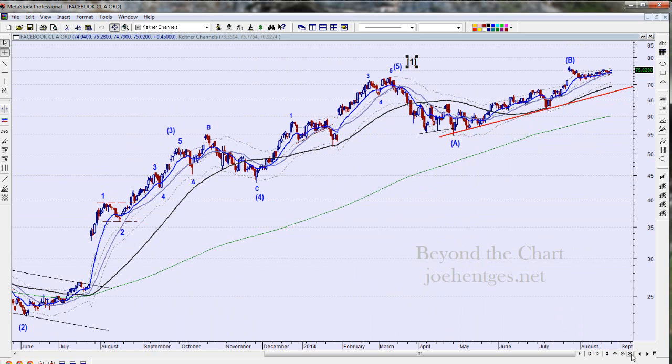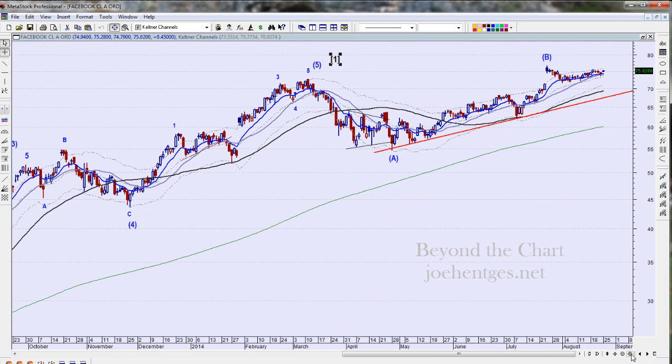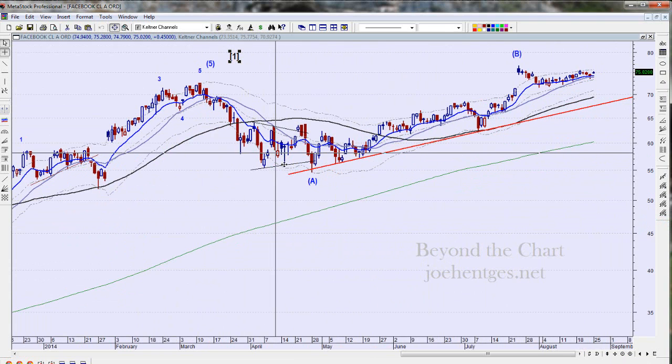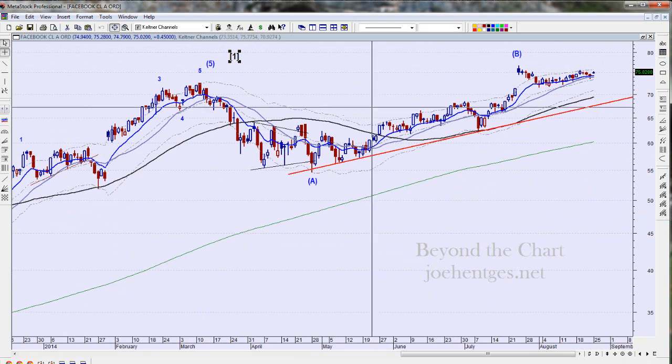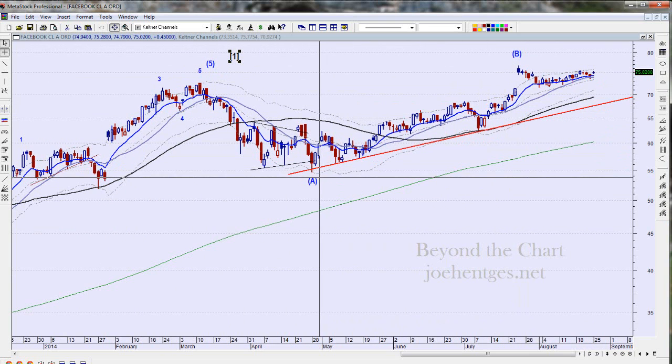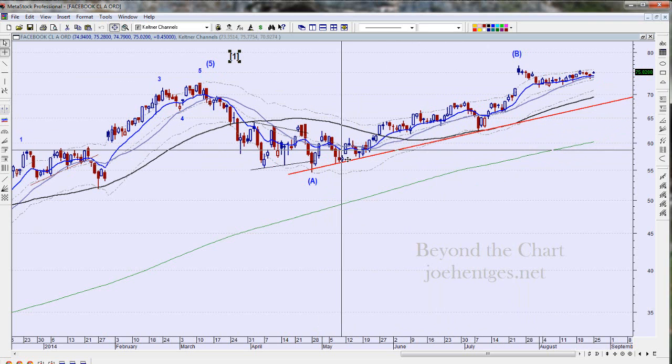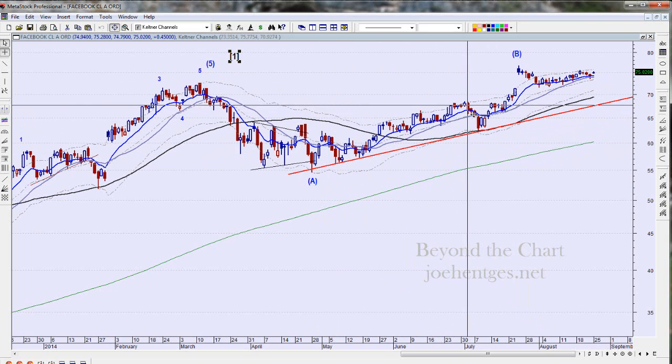So right now we're watching, typically we get the deeper corrective move. The real question is, let me rescale that. It didn't help. Okay, so right now I'm calling this a B move. You could almost argue that it's wave 1, wave 2, wave 3, but this is not a very strong impulsive wave 3.